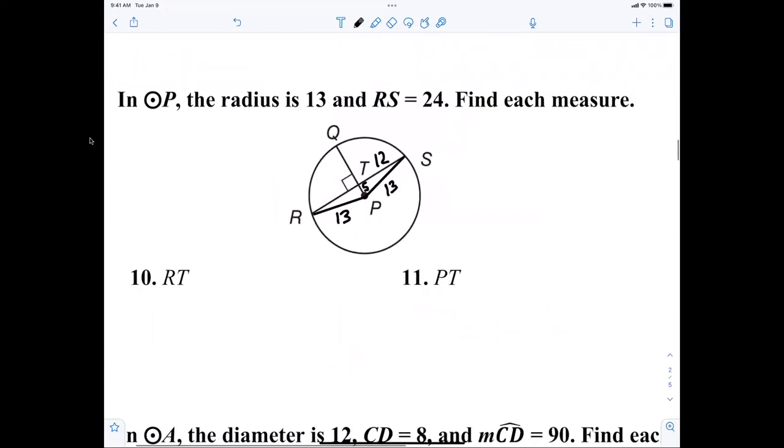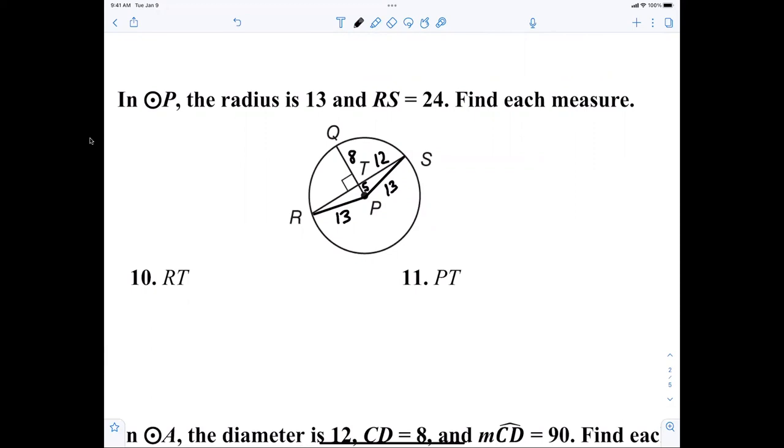TQ then must be what? What's TQ? 8, someone said. Is that true? Because PQ is how long? Because it is a what? Yeah, that's what I'm saying, guys. These are going to be on the test, right? You've got to learn to draw things on circles. All right, so you can see it.